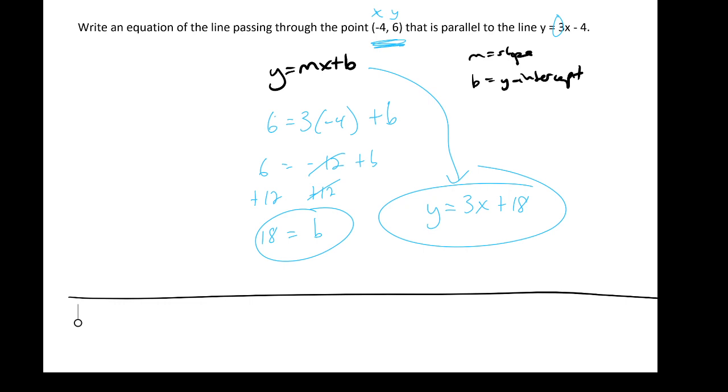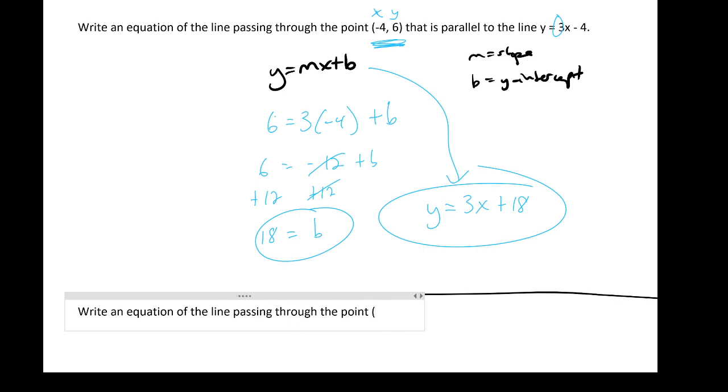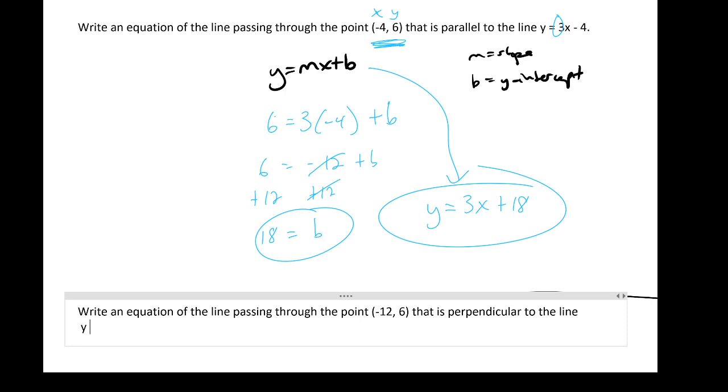Next, let's write an equation of the line passing through point negative 12 comma 6 that is perpendicular to the line y is equal to 2/3 x minus 10.